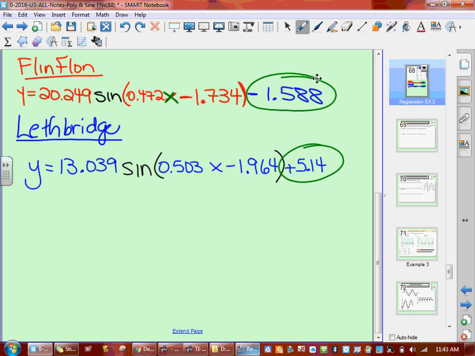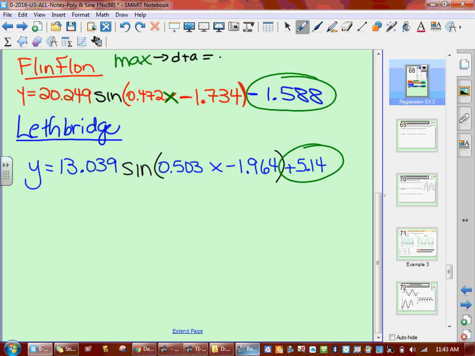Now let's find the maximum temperature and the minimum temperature for both. So my max temperature is going to be my D plus A, and that's going to give me negative 1.588 plus 20.249.